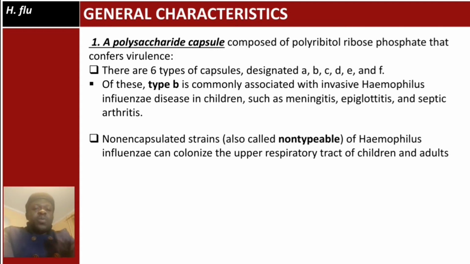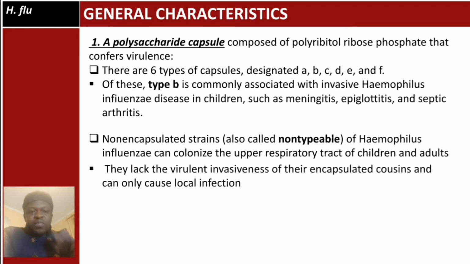A second group of this bacteria is non-capsulated. Non-capsulated strains, also called non-typeable Haemophilus influenzae, can colonize the upper respiratory tract of children and adults. These strains lack the virulent invasiveness of their encapsulated cousins and can only cause local infection.